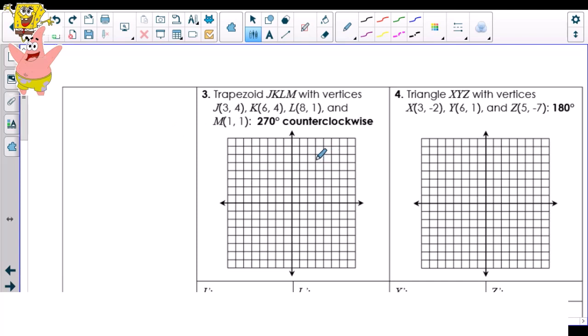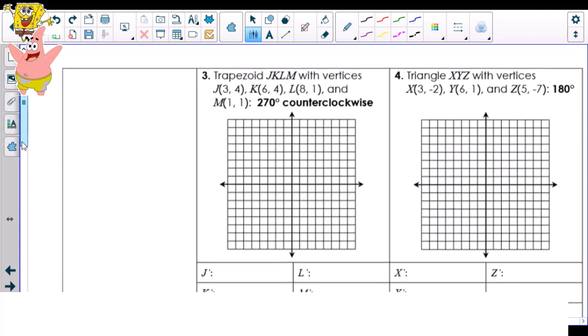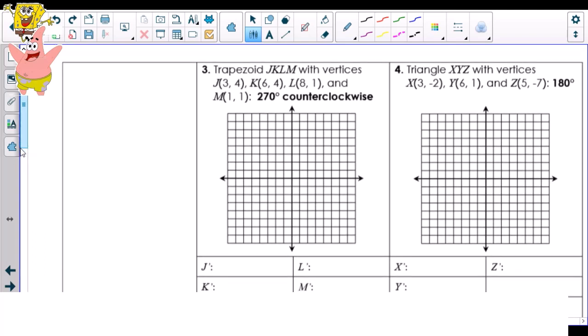Now, if we look at number 3, we're just going to do another one to practice with. This one is doing 270 degrees counterclockwise. So what is the rule for counterclockwise? For counterclockwise, (x, y) becomes (y, negative x), like that.